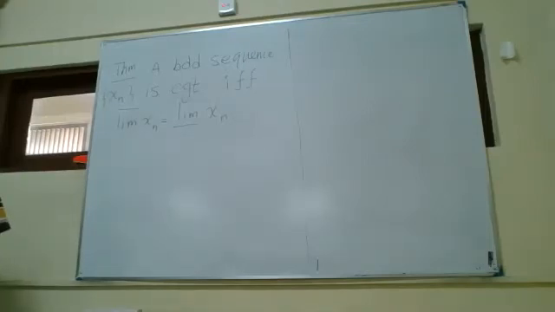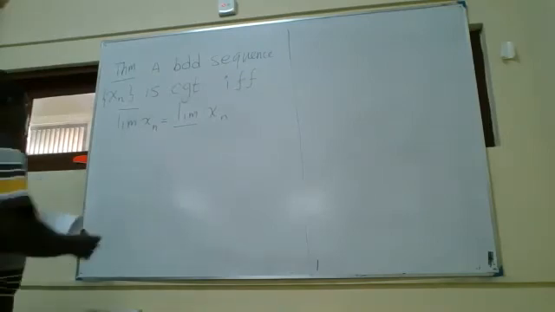That means the limit exists. Right? So that is what we are going to prove. So if it is convergent, then the upper limit and lower limit are the same. And if the upper limit and lower limit are the same, then it will be converging. Right? So proof.